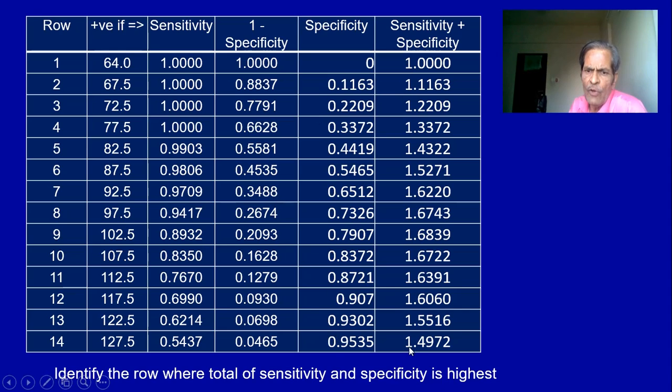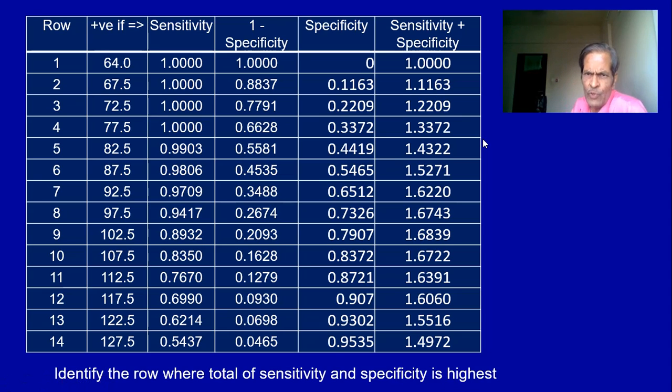And in this column, we calculate the values of sensitivity plus specificity for a given diagnostic value of the new diagnostic test. So here the sensitivity plus specificity is 1 because the sensitivity is 1 and specificity is 0. Here the sensitivity is 1 and the specificity is 0.1163. So the total of the sensitivity and specificity is 1.1163.